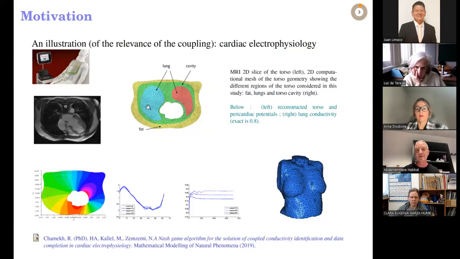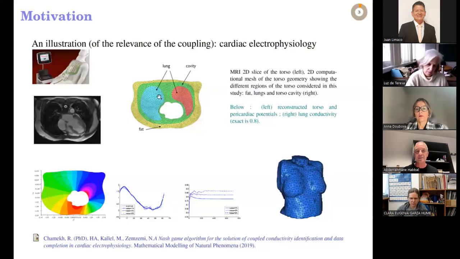In practice, doctors know an approximate value of these electric conductivities, which are very patient variable. So they differ from patient to patient, but they have nominal average values for it.